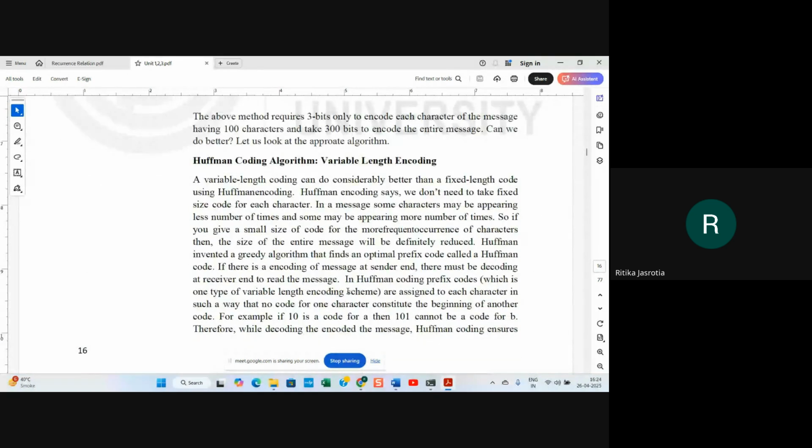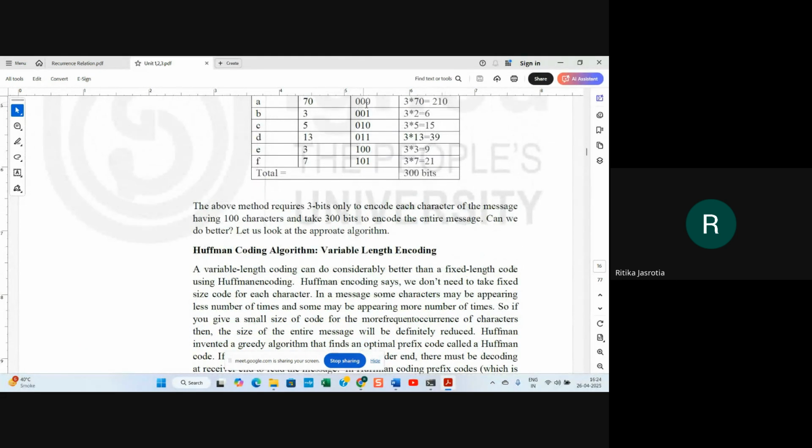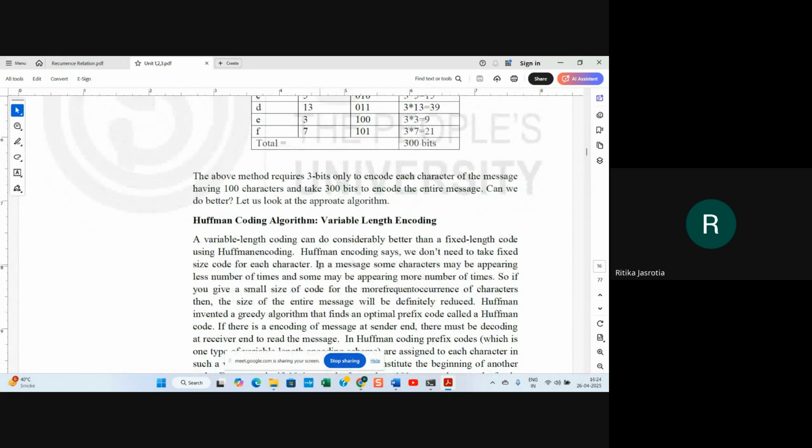So the Huffman coding algorithm, we also say variable length encoding. Variable length coding can do considerably better than a fixed length code using Huffman coding. So here we used fixed length, but we will do variable length. So Huffman encoding says we don't need to take a fixed size code for each character.